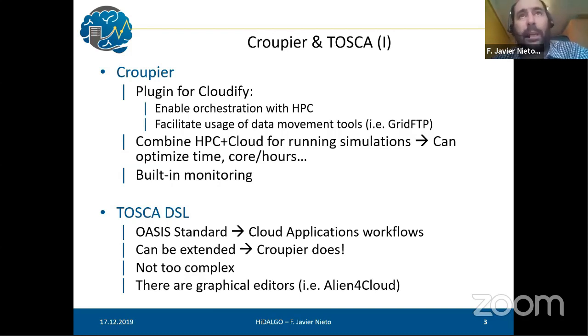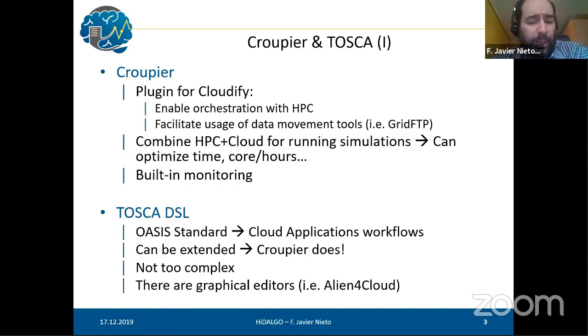For example, we have included functionality that allows you to easily move data with FTP, and also to publish datasets in CKAN. CKAN is a data catalog, so you generate some result with your simulation, and then you just tell the orchestrator to publish your work in this data catalog, and the data will be published there.